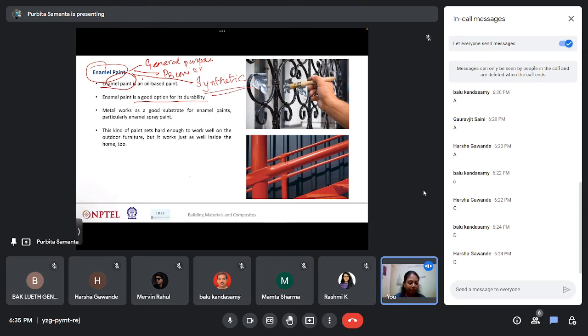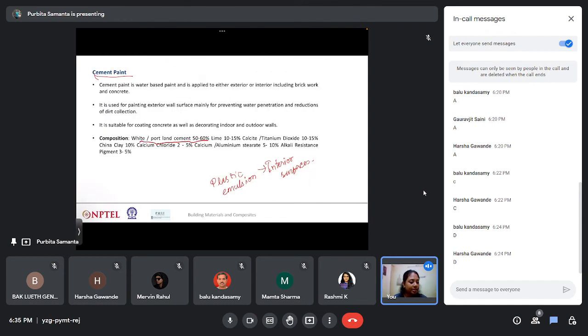And apart from this, when we talked about the exterior surface, we can also use acrylic emulsions and textured plastics, right? So these are also some of the options that we have while we are selecting our paints.